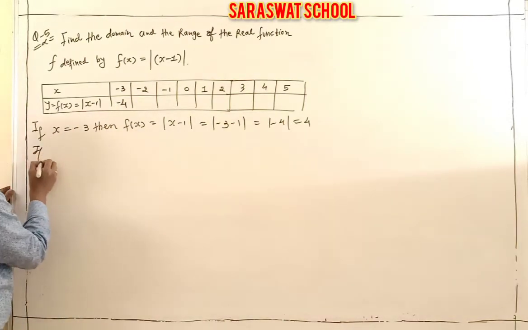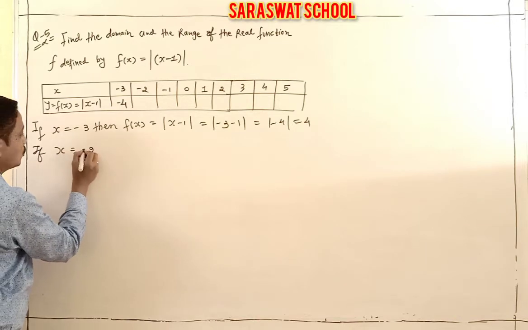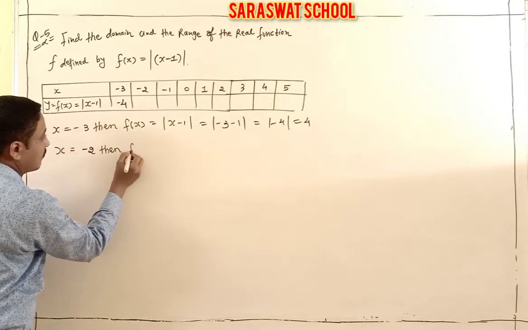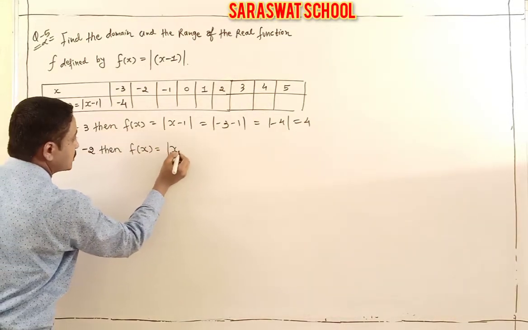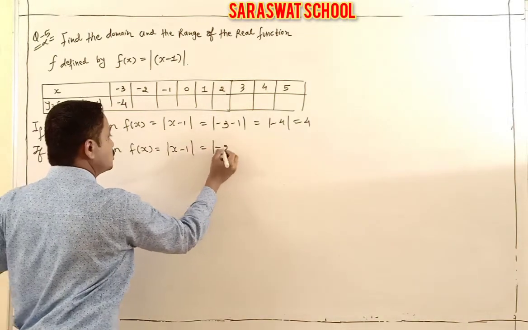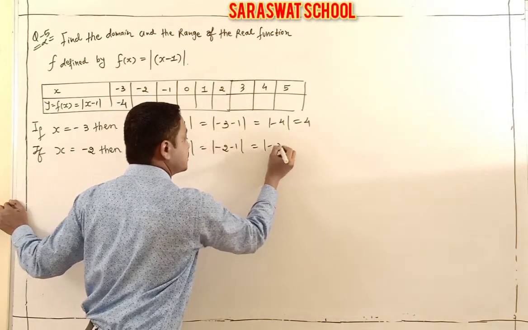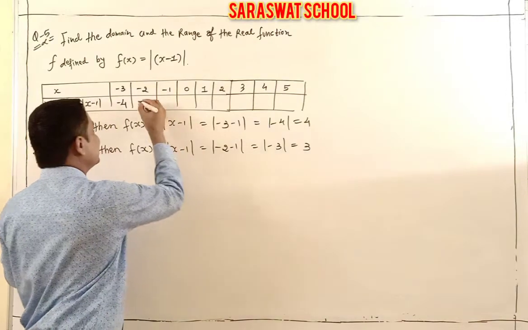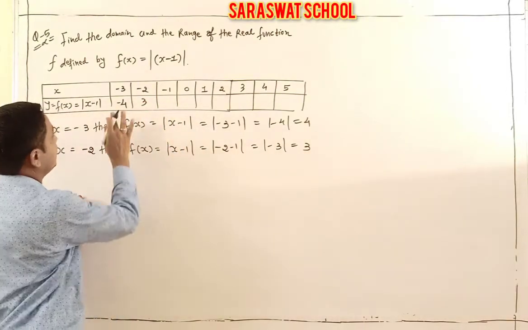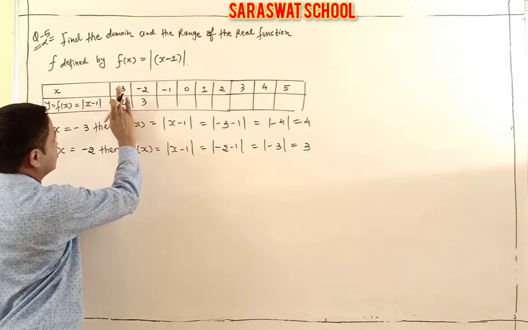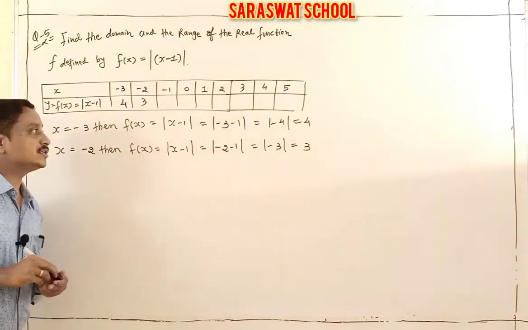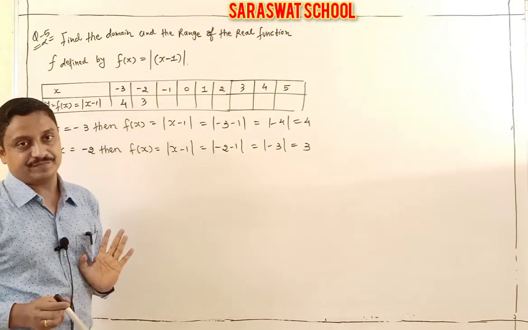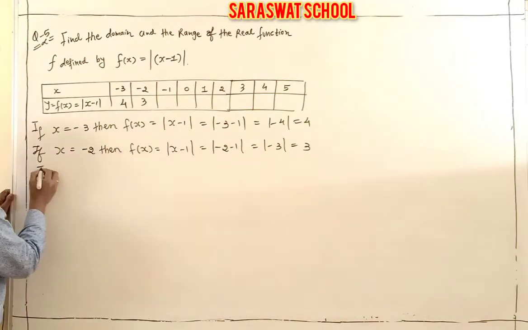Next, if x is equal to minus 2, then f(x) is modulus of x minus 1, applying the value, minus 2 minus 1, which is minus 3. This answer is 3. Here not 4, but 3. Continue. Now I write it as a shortcut.